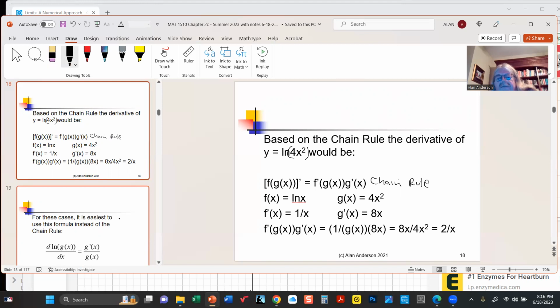So when we plug everything in, f prime of g of x would be 1 over g of x, which would be 1 over 4x squared. And then, of course, g prime of x is right here. So all we need to do is multiply these together.